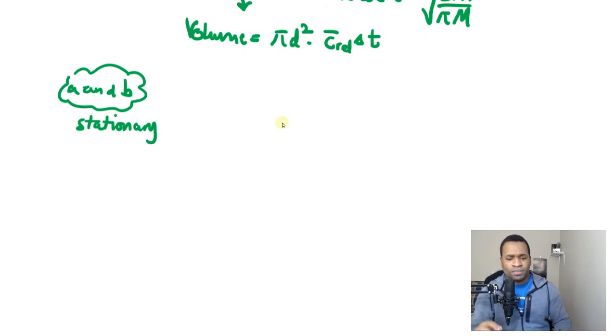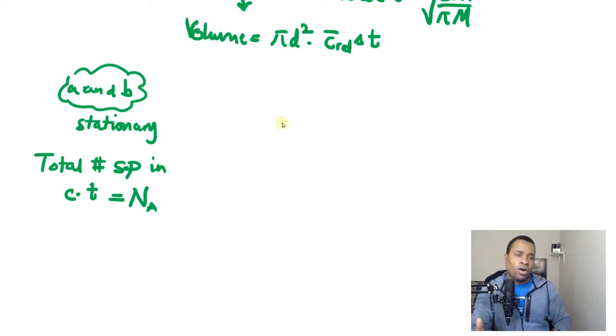So therefore, the total number of stationary particles or molecules in this particular collision tube is equal to Na, and Na is equal to this N symbol multiplied by the total volume.